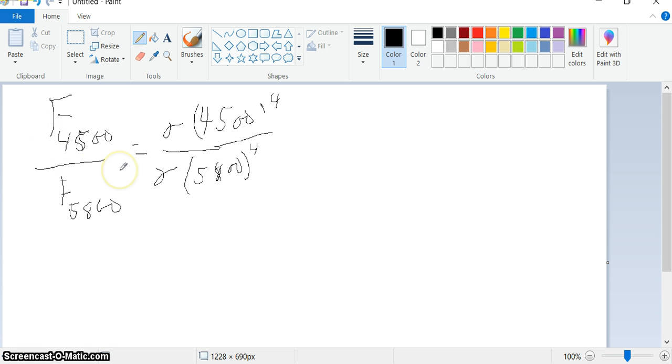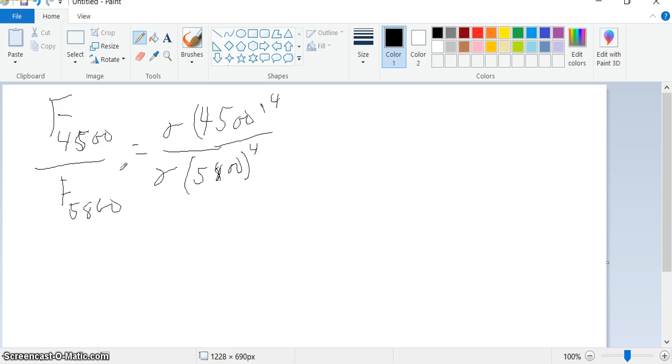So let me read this one. It says, use the Stefan-Boltzmann law, that of course the flux is proportional to T to the fourth, to calculate how much less energy as a fraction is emitted per unit area of the 4,500 Kelvin sunspot than from the surrounding 5,800 Kelvin photosphere.